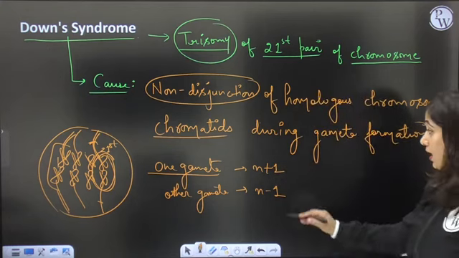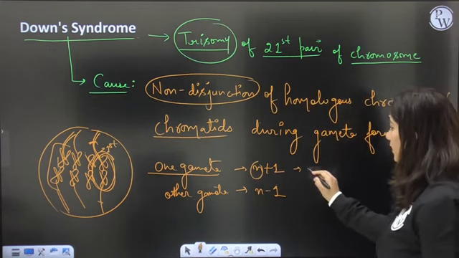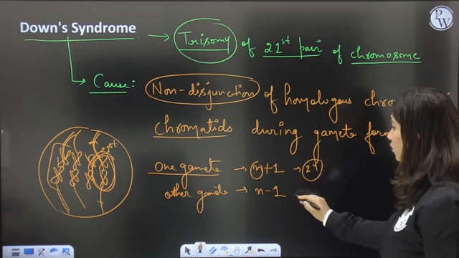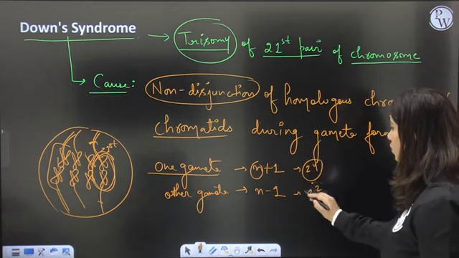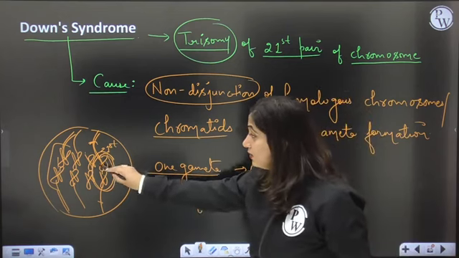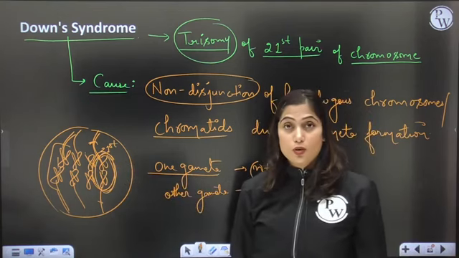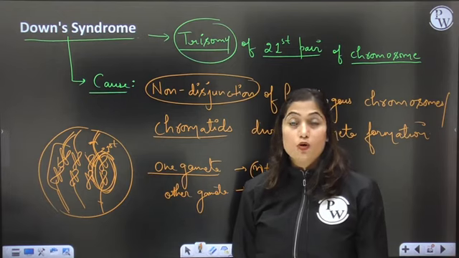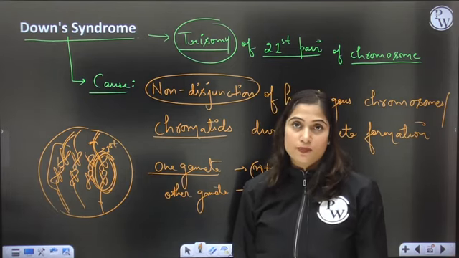N is 23. So here the number of chromosomes will be 24, and here the number of chromosomes will be 22, because this pair has shown non-disjunction or non-separation of the chromosomes, right?